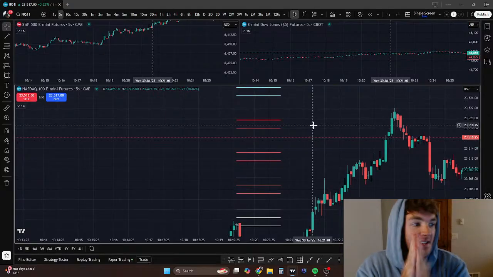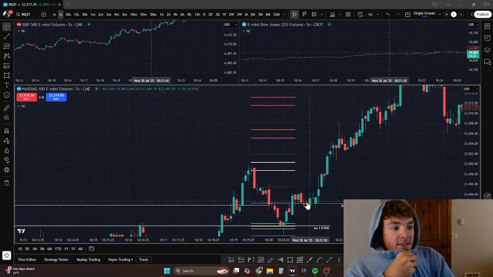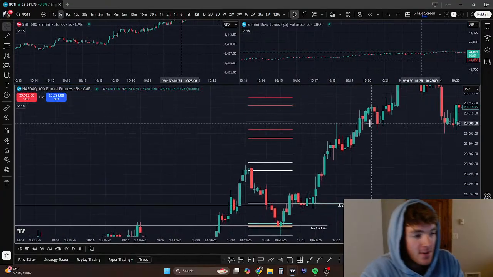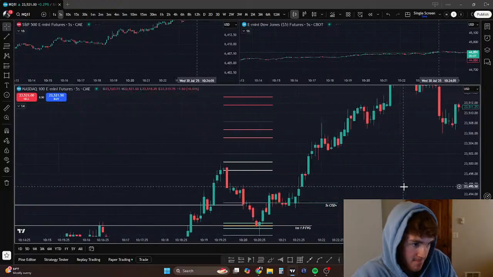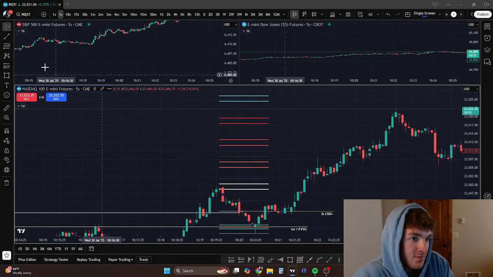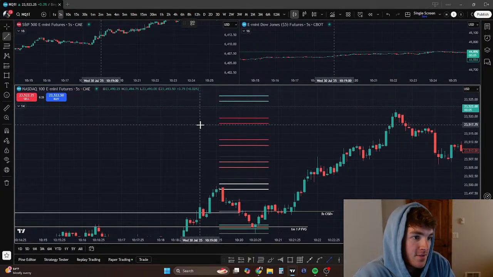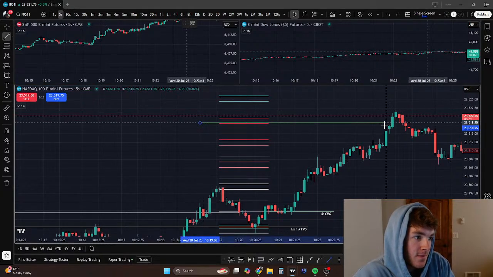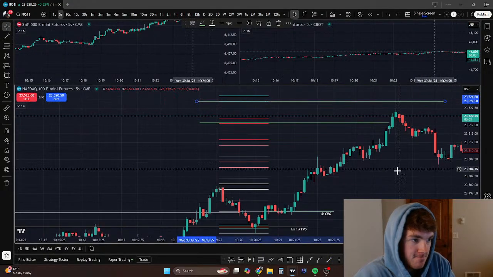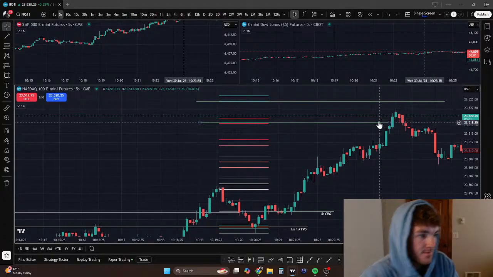Because I know if it perfectly hits this level, it's probably going to run through all the highs. And like I always say, where do the market maker models go? To in between the 4th and the 5th standard deviations. Where did we go? Exactly there.